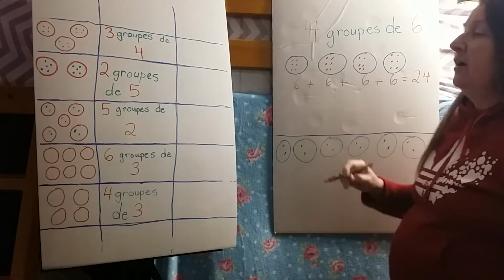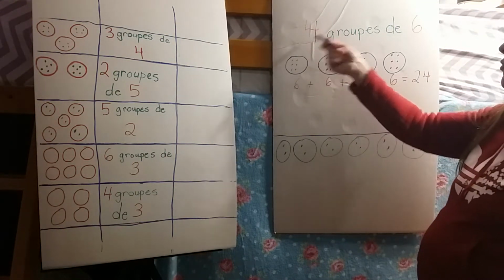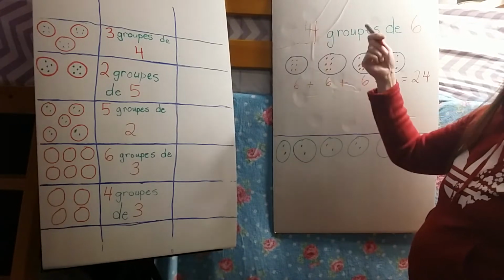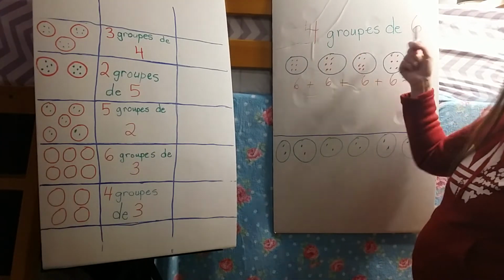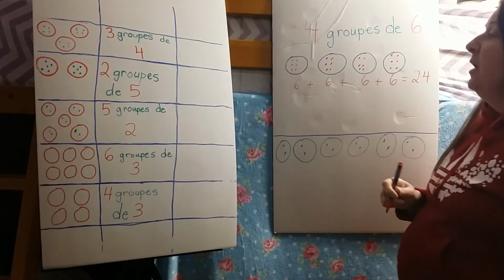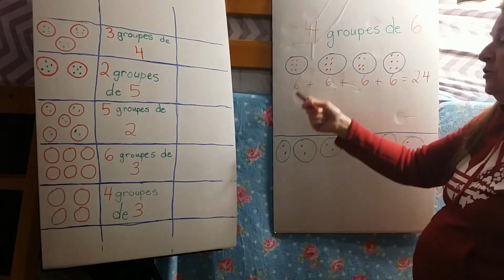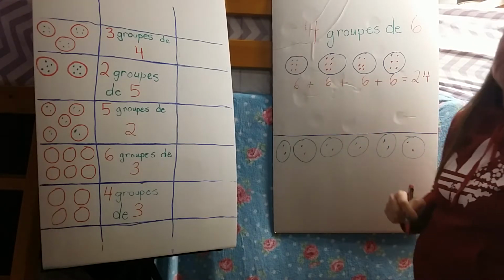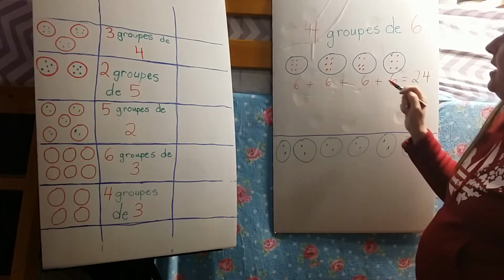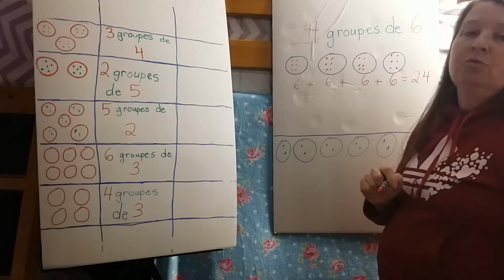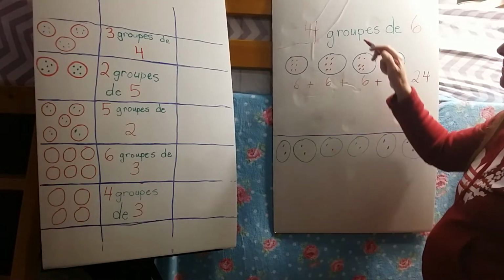So instead of having to write out 4 groups of 6, 26 groups of 6, 100 groups of 6, as you can imagine, if you had 100 groups of 6 and you had to do 6 plus 6 plus 6 plus 6 plus 6, it would take you quite a while. They came up with a faster way of doing this.